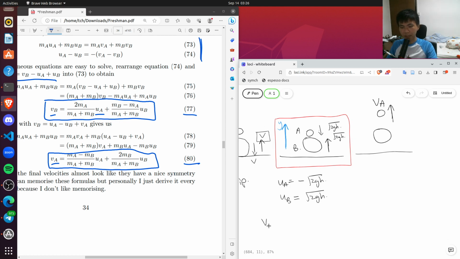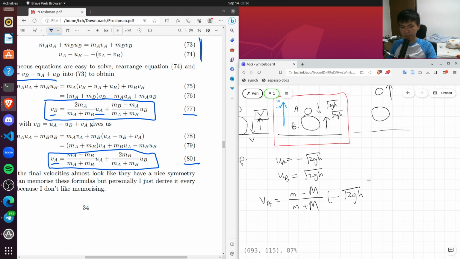Okay, so VA is equal to, mass of A is just small m, right? Minus mass of B, which is big M, over small m plus big M, UA. So UA will be minus square root 2gh, plus 2 mB, the mass of the basketball, over small m plus big M. Do be careful which one is the small and big when you write it out, and you're going to get square root 2gh over here.